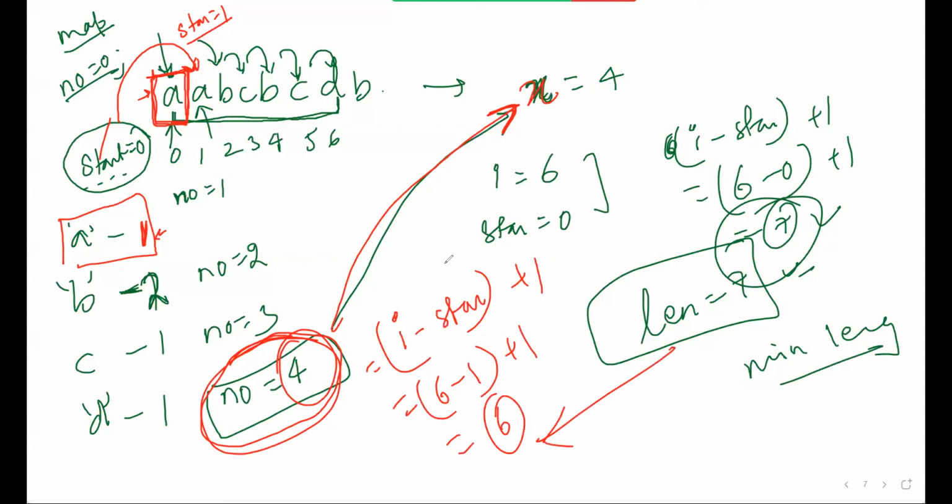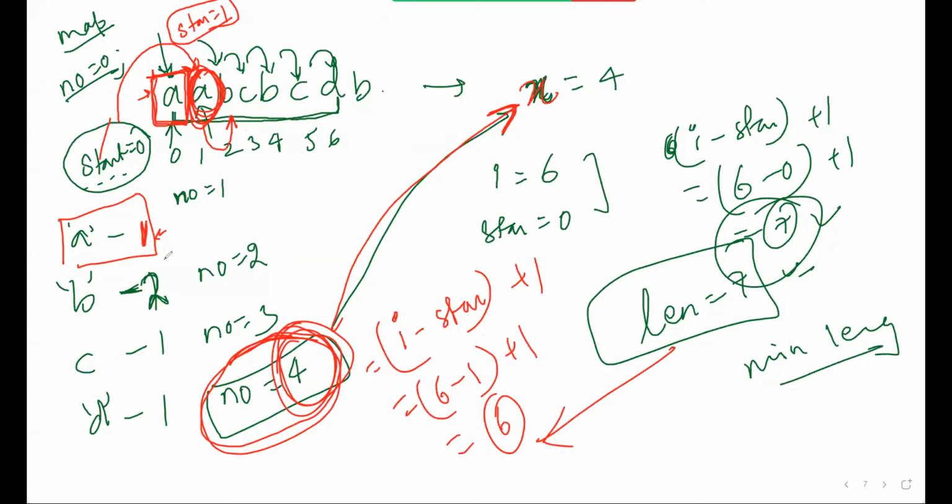You got my point? So we'll keep on sliding or moving this start point. Before moving, suppose I got this length and I got all the characters. Now what next? From this start point, I'll move it again to index 2. When my start is moved to index 2, the frequency of this A needs to be reduced because I am not taking that value.